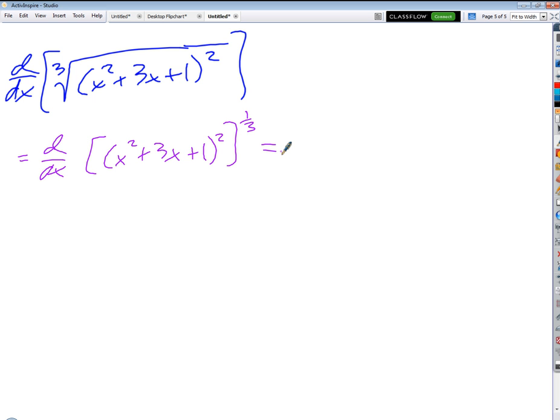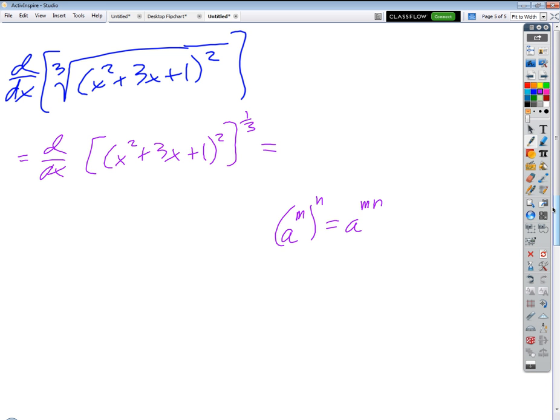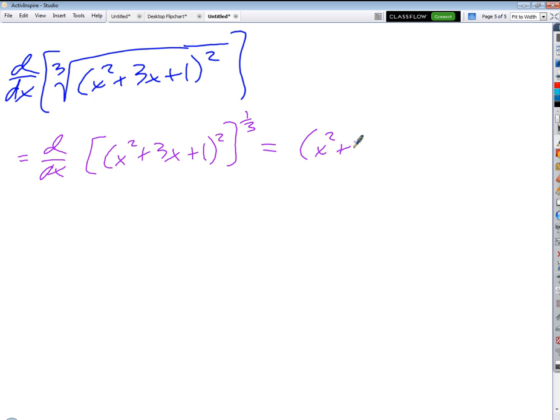Multiply, right? If I have a to the m to the n, isn't that just a to the m times n? So this is really just the quantity x squared plus 3x plus 1 to the 2/3.